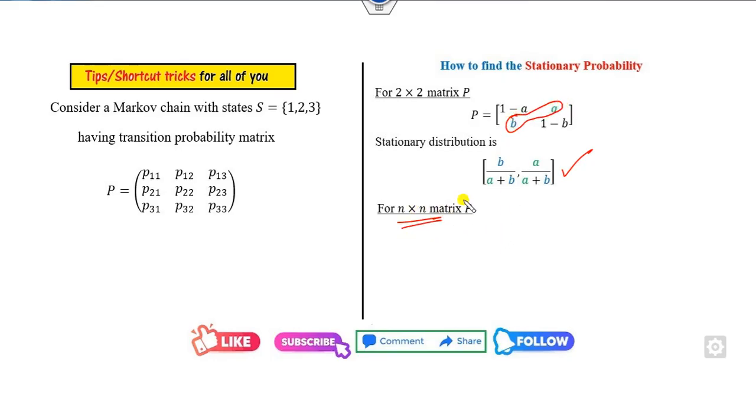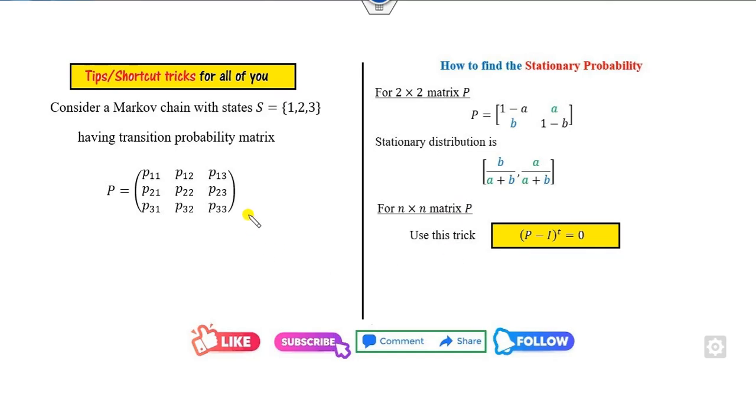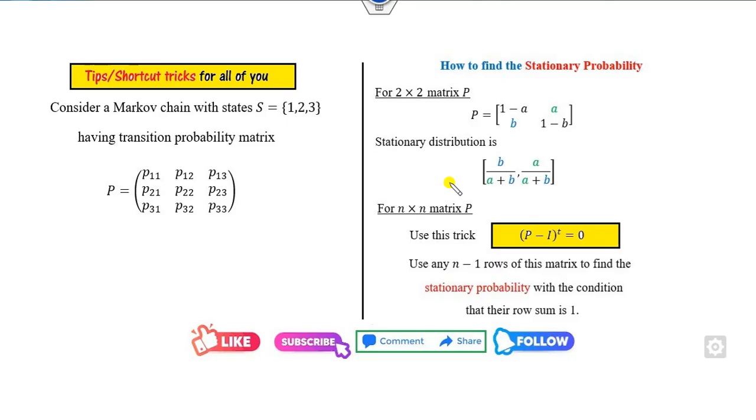If you have an n cross n matrix, how can you find it? Whatever the matrix is, you can find P minus I transpose. Because it is 3 cross 3, in general n cross n, take any n minus 1 rows.